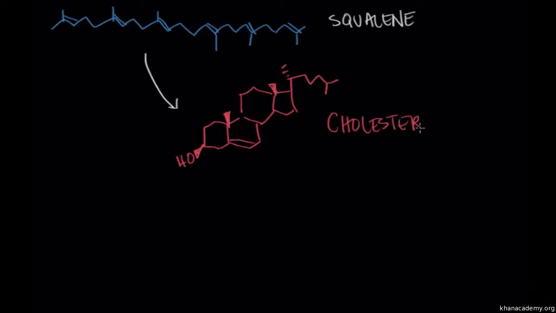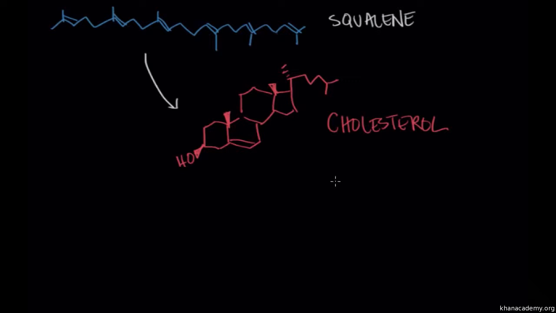And we consume some cholesterol in our diet, but our body also completes this reaction in the liver. So our body takes squalene and turns it into cholesterol in the liver. And cholesterol travels through our blood, and it lives in the inside of cells and on their surfaces.